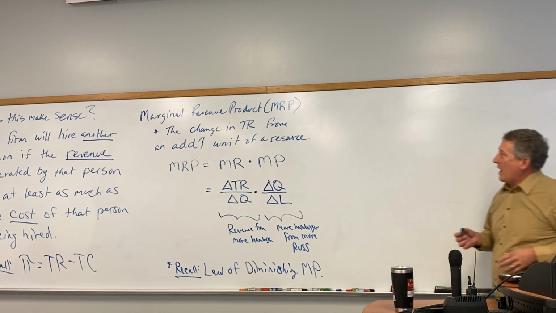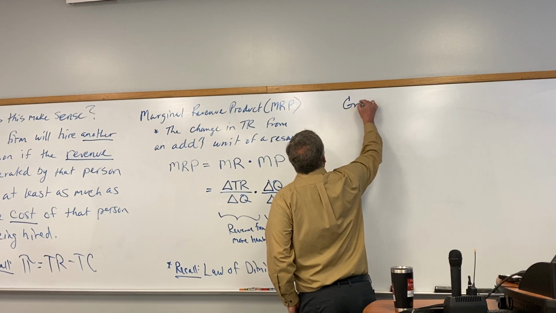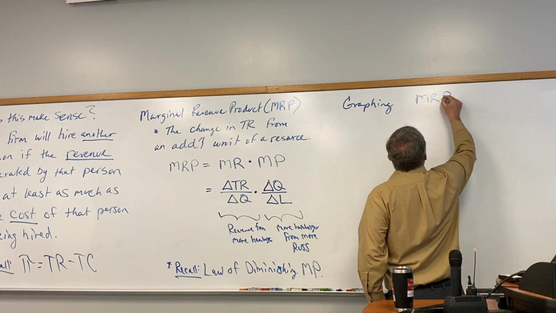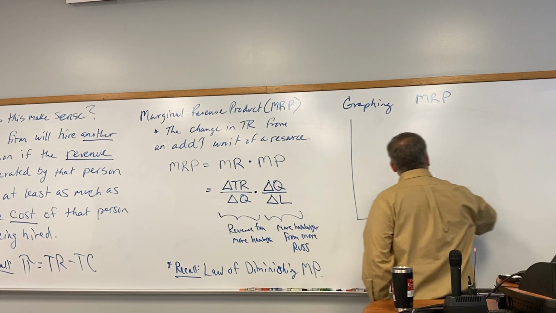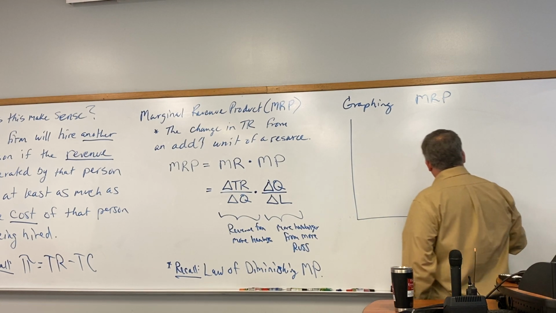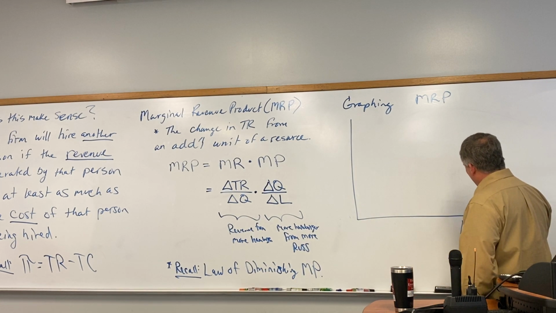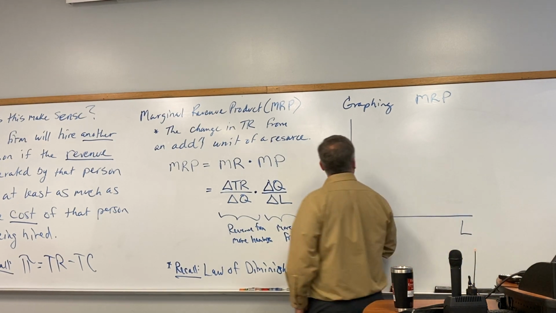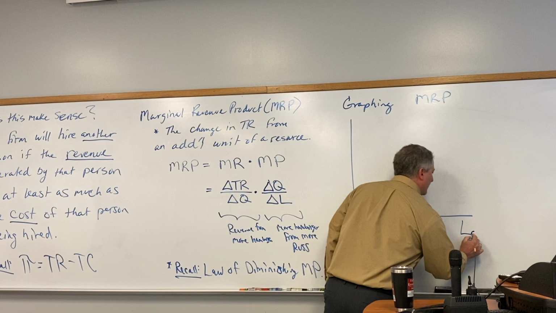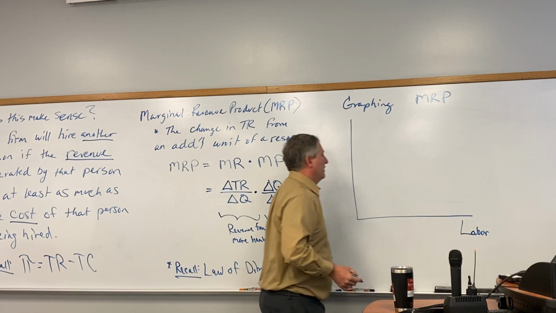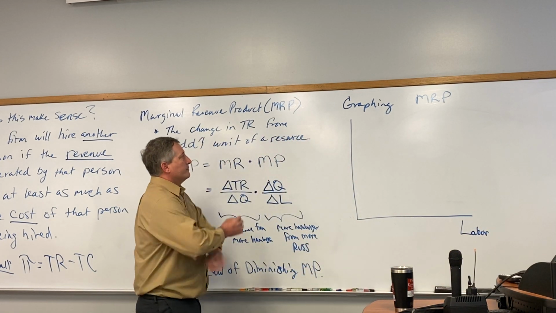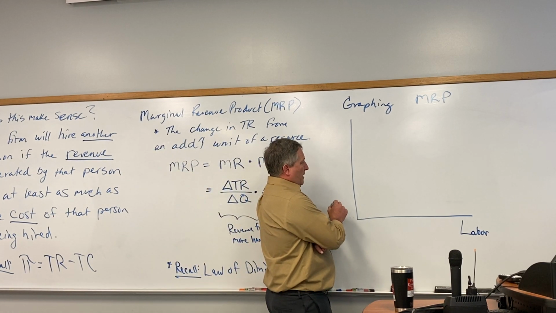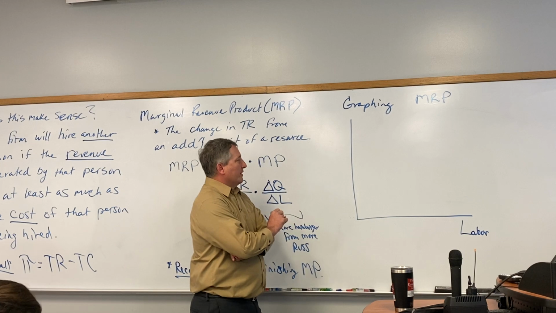All right, well, let's graph this sucker. Graphing MRP. So now we're measuring labor here. I'm going to use labor. It could be copy machines. So L is labor. And so what do you think this thing's going to look like?